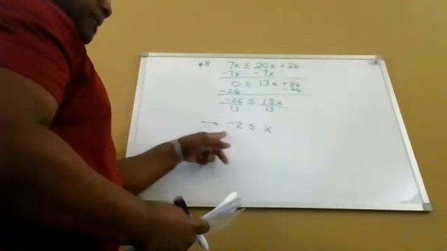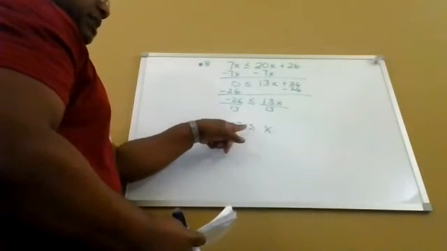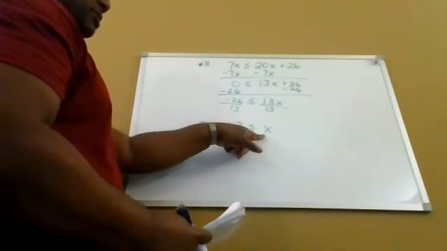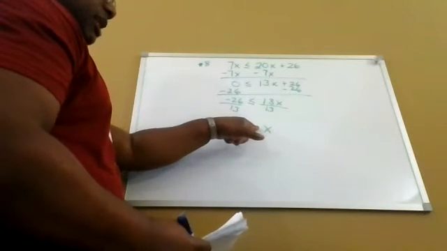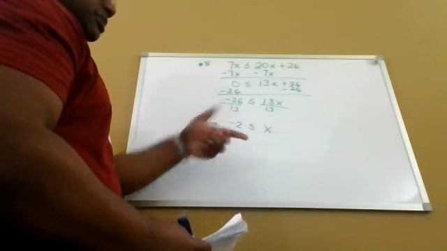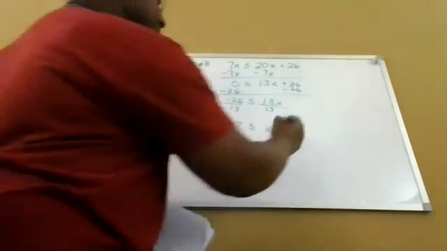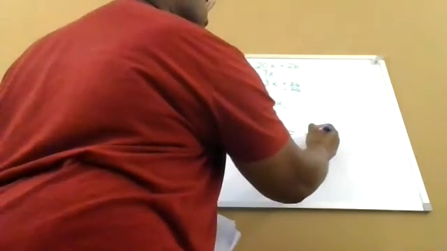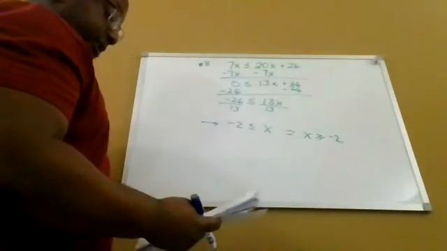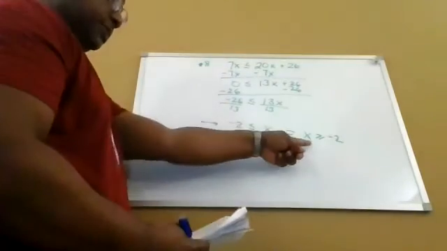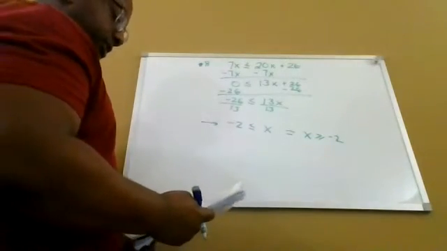Again, reading left to right, negative 2 is less than or equal to x, or going from right to left, x is greater than or equal to negative 2. So let's write it that way. Okay, so now let's write this answer in interval notation.